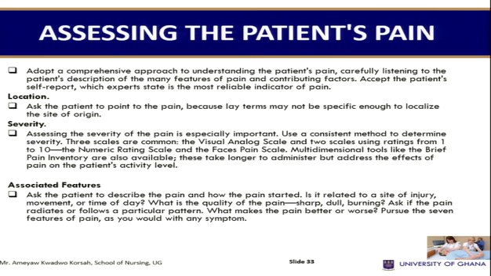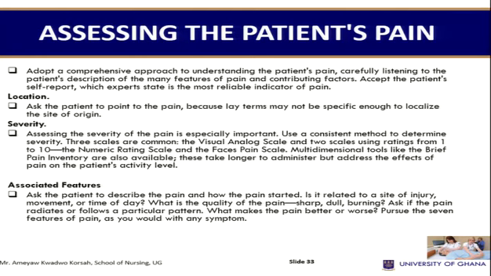Severity: assessing the severity of the pain is especially important. Use a consistent method to determine the severity. Three scales are common: the visual analog scale and the scales using ratings from 1 to 10, the numeric rating scale, and the faces pain scale.